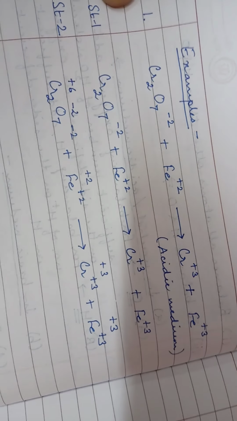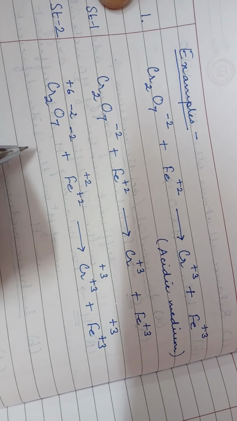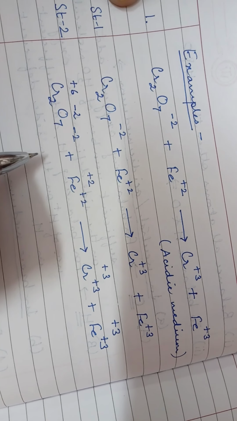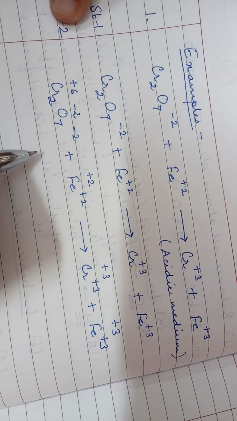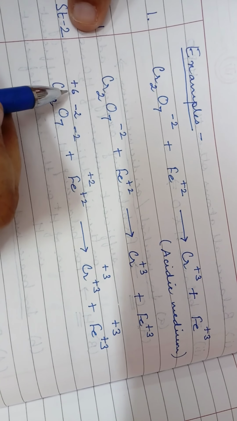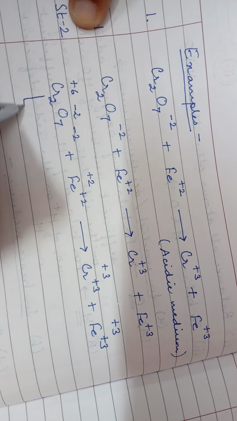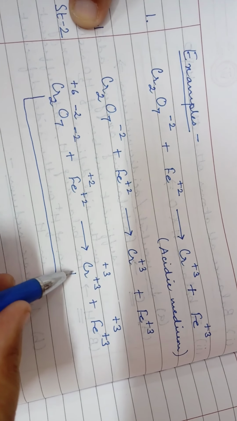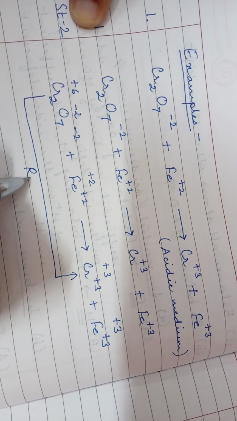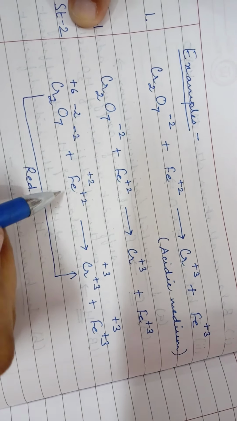So after writing the oxidation numbers, we will identify which species is undergoing oxidation and which one is undergoing reduction. You can see chromium's oxidation number is changing from +6 to +3. So Cr2O7 -2 to Cr +3 is reduction, and Fe +2, its oxidation number is increasing.